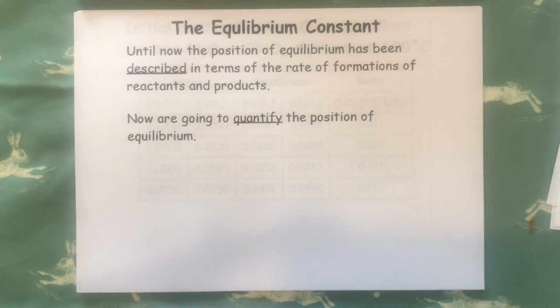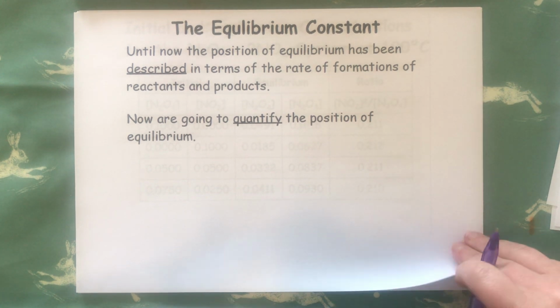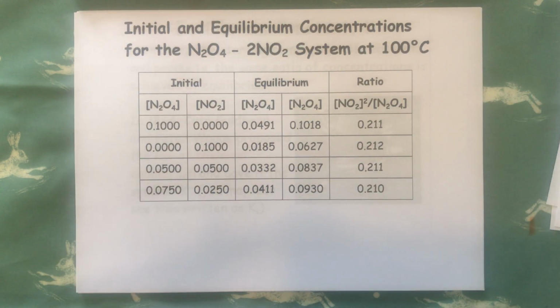So until now, the position of equilibrium has been described in terms of the rate at which reactants and products are formed. But now we're going to have a look at quantifying the equilibrium position, and we do this by looking at the concentrations of reactants when they are at equilibrium.